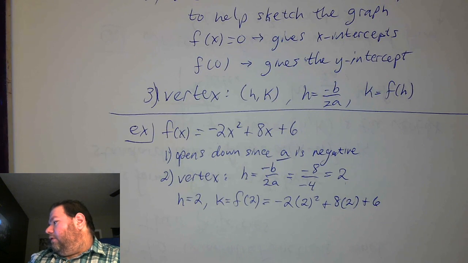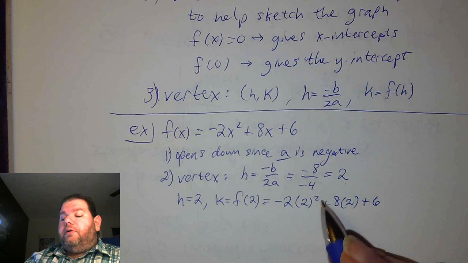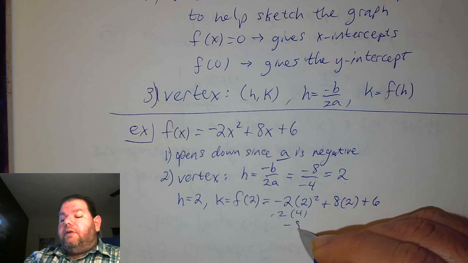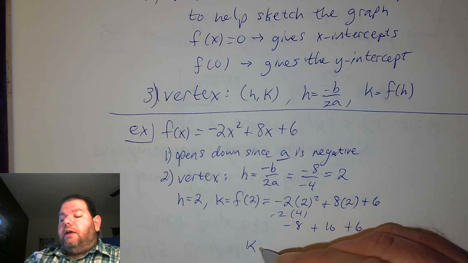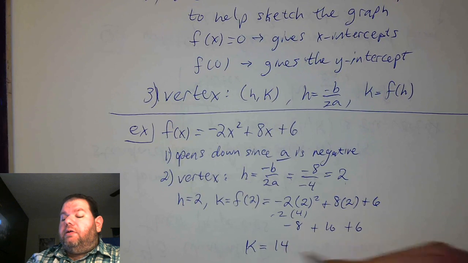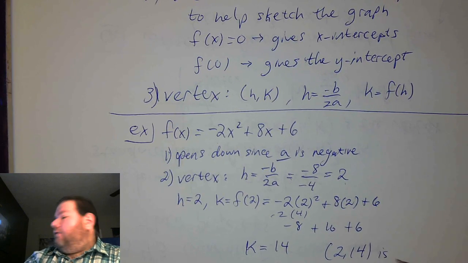Okay, so negative 2 times 2 squared plus 8 times 2 plus 6. 2 squared is 4, negative 2 times 4, so negative 8 plus 16 plus 6. So k would equal 14. So 2 comma 14 is the vertex.